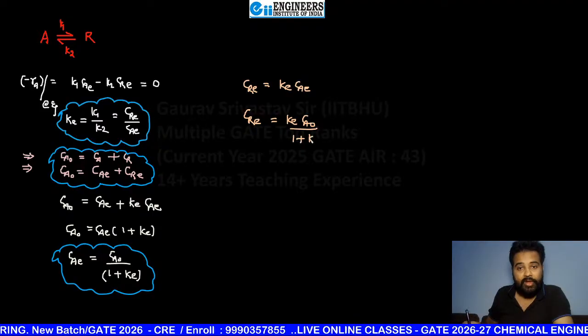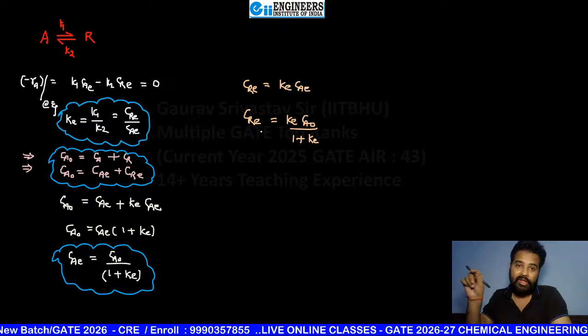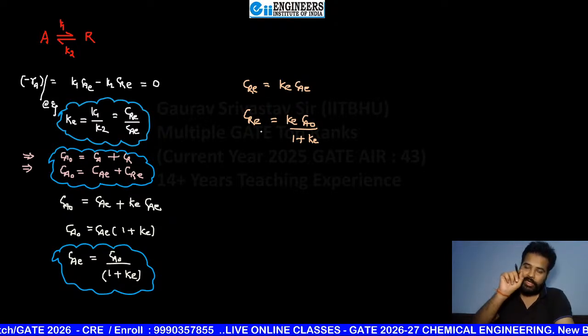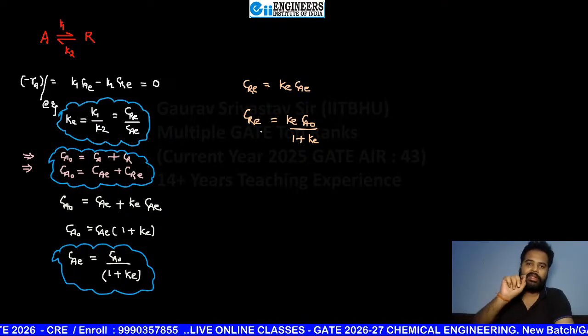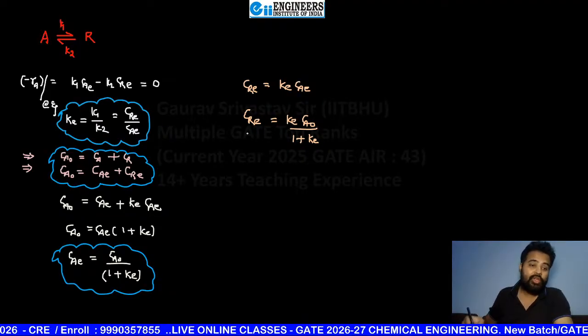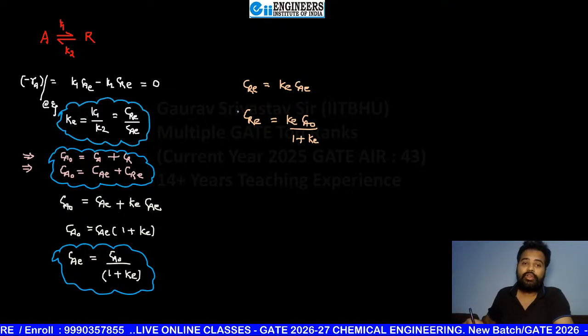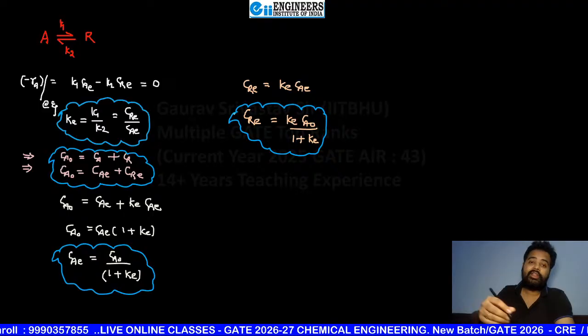You know, beta, only this expression can be asked. A, B, C, D, four options are there. They can ask which one of the following is the correct expression for equilibrium concentration of R. And in one option you can see KE CA naught upon 1 plus KE. So equations are also important, as I told you earlier. More than thousands of equations you will get in CRE. So you can't remember every equation beta.